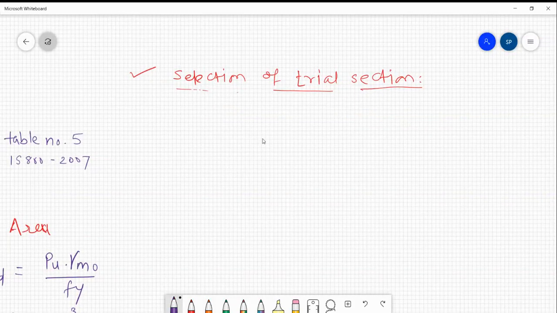Let us use ISA 55 by 55 by 8. These 55 by 55 are the leg lengths of the angle section. Both values being the same means this is an equal angle section. 55 by 55 by 8 at 6.4 kg per meter. So this is the trial section.